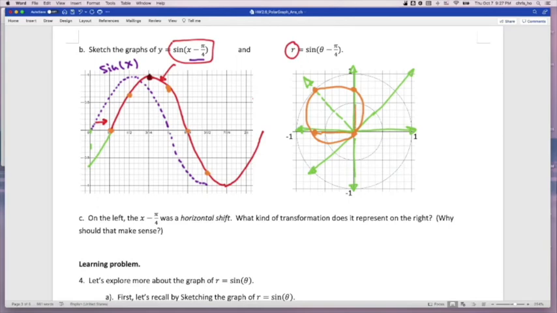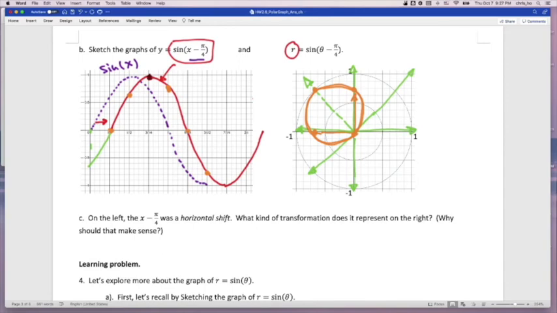So my orange vector has to go back this way, which overlaps with the original value at pi over 2. In other words, it's going to trace this circle twice, but it's the same circle, as you complete the whole 2 pi of angular change.